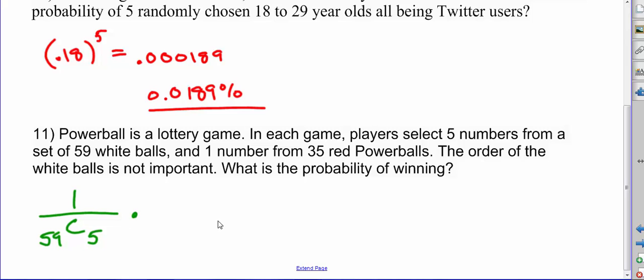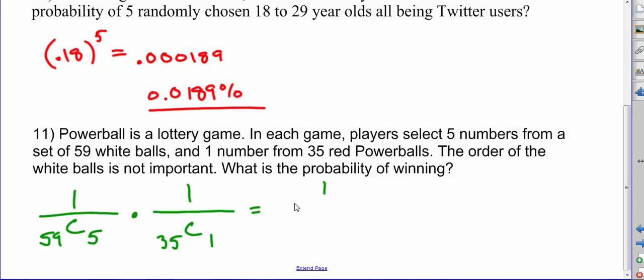And then our second part is the Powerball, where we have 35 balls and we're just choosing 1. So we do 1 over 35C1. So again, choosing 1 out of 35 here, 5 out of 59 here, and I've put those in the denominator because there's only one winning combination as we're defining it, getting all 6 numbers exactly the same.